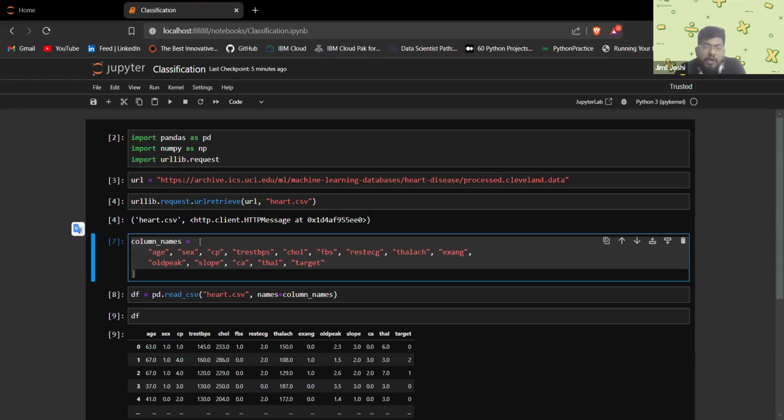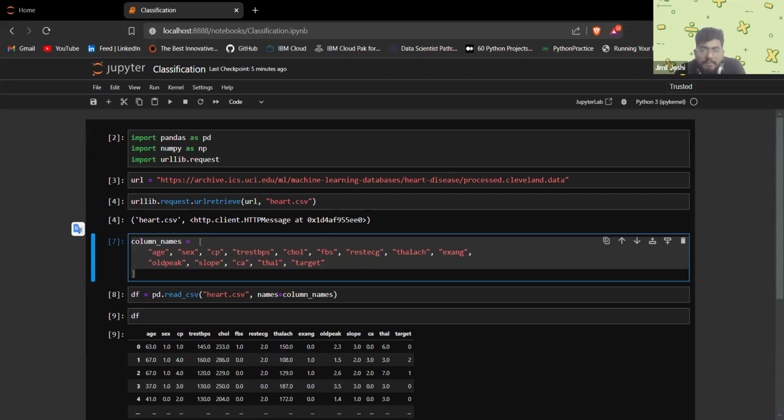Then we have something called oldpeak. Oldpeak is the representation of the depression induced by exercise relative to rest. If people are doing exercise, what is their depression level, and how is it different from when people are at rest?